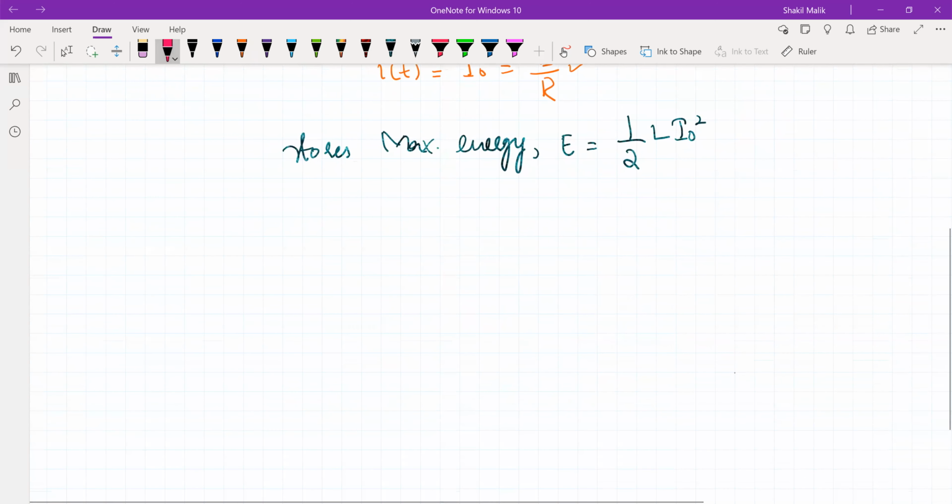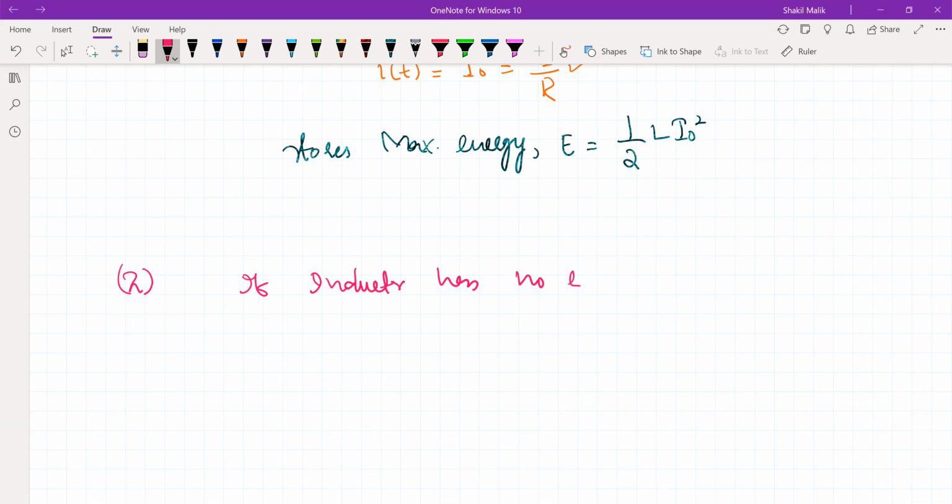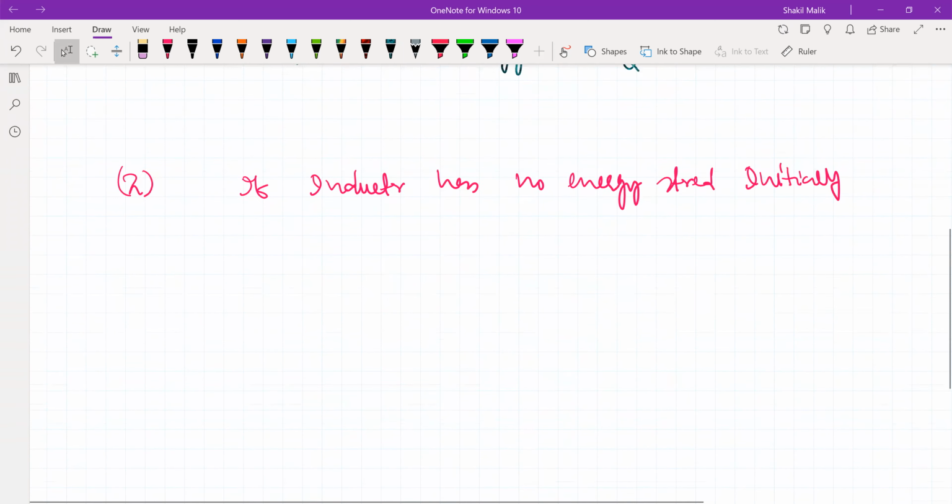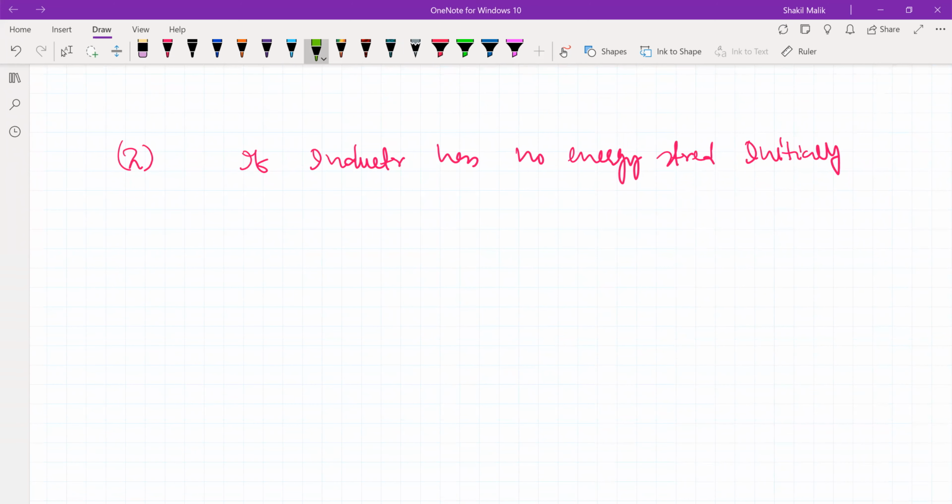Now the second important observation is: if the inductor has no energy stored initially, then when we connect the switch, the current behaves as given above.